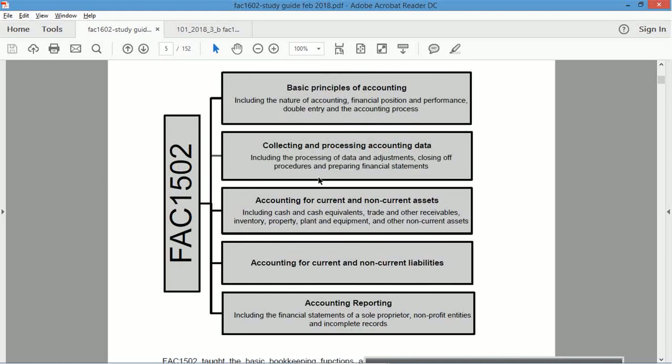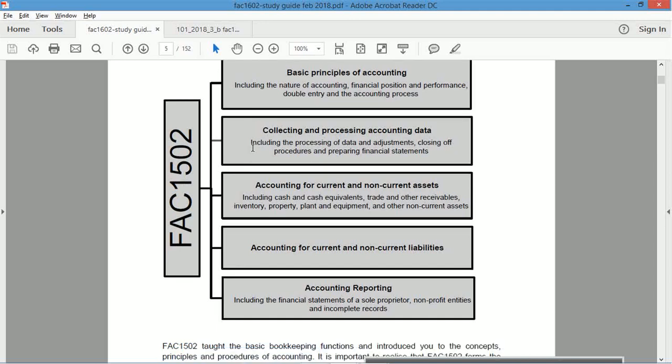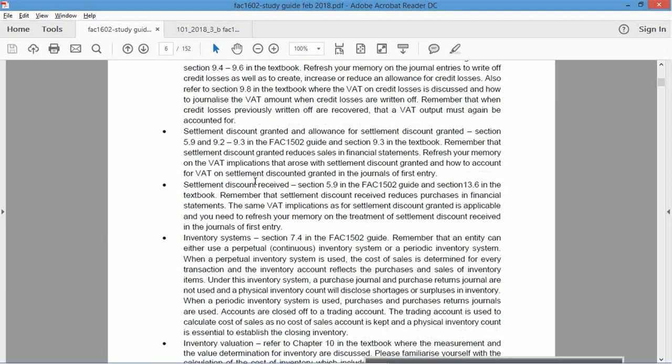You can always go back to your 1502 books and reference things like adjusting an allowance, processing depreciation, doing a disposal, bad debts, credit losses. Don't overlook the basics because they're so important for this one.